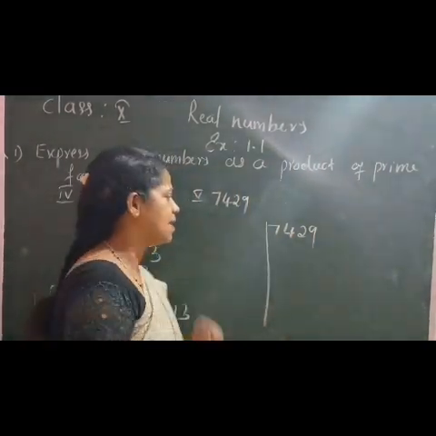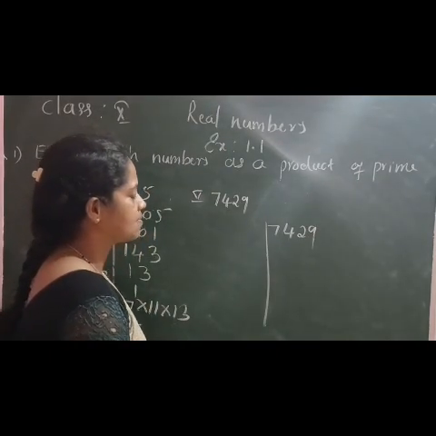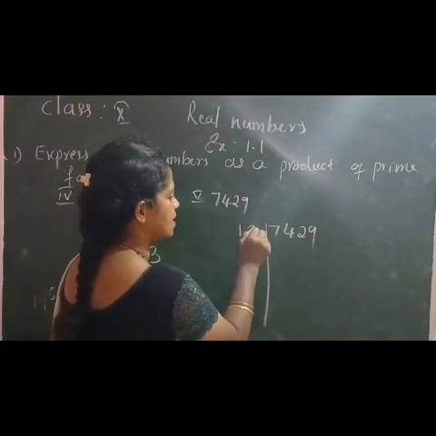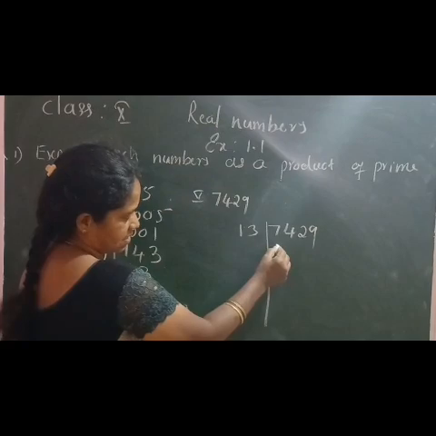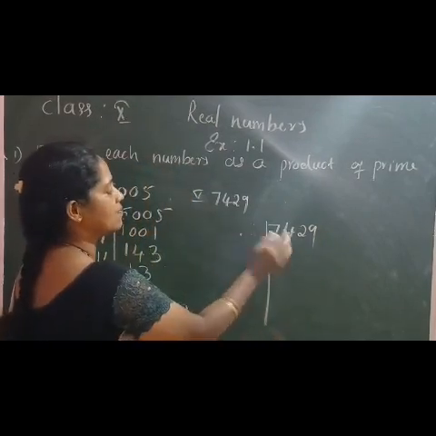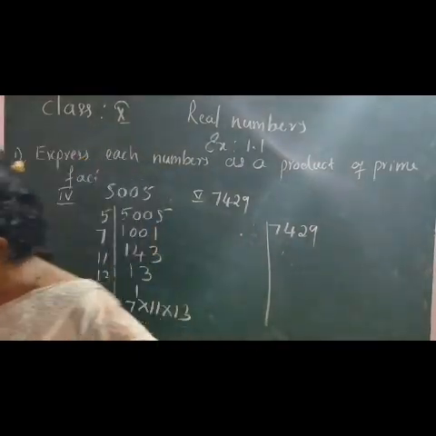Let us check some other number like 13. 13 times 6 is 78, sorry, it is not divisible. 13 times 5 is 65. We have to check whether this number is dividing or not.